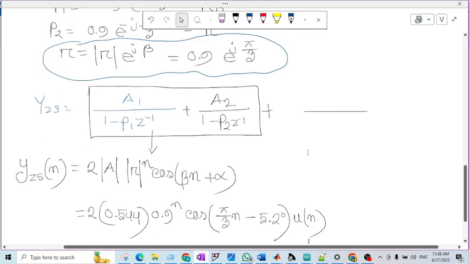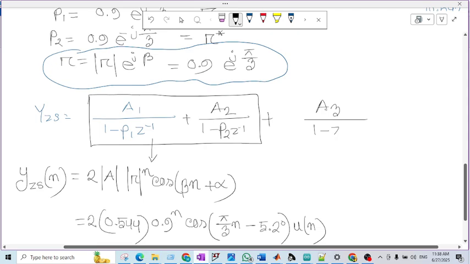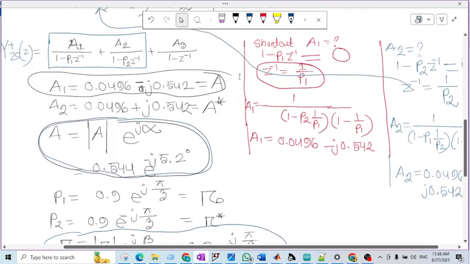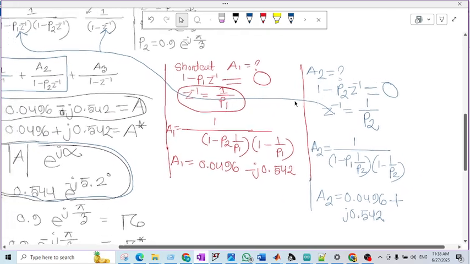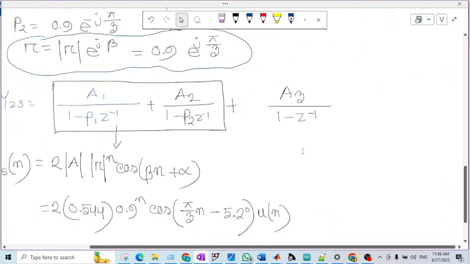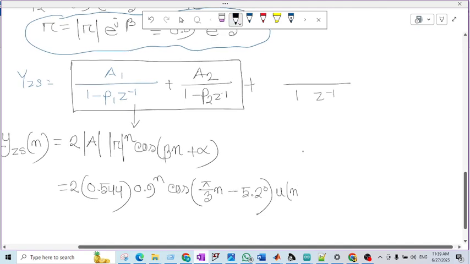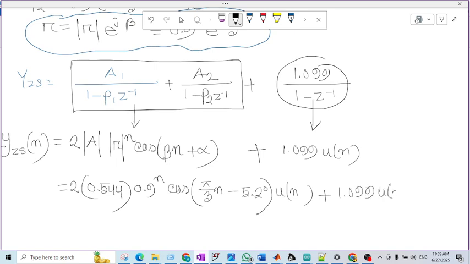Now we can work with the third term, which is A3 over 1 minus Z inverse 1. And if you do the similar thing, shortcut for A1, shortcut for A2, to find A3, you will see that A3 is simply equal to 1.099, and if you convert this, you will get 1.099 u[n].